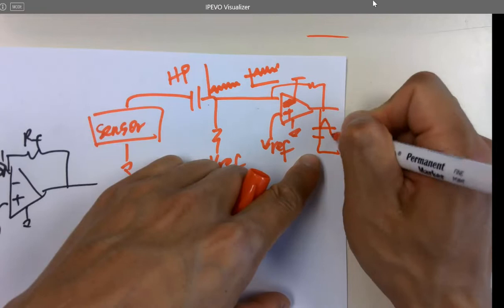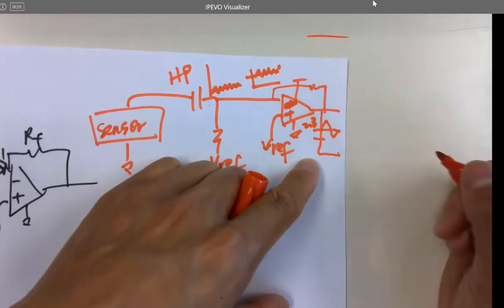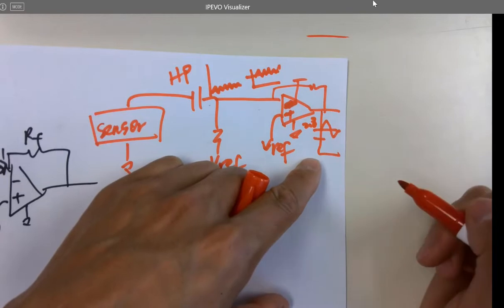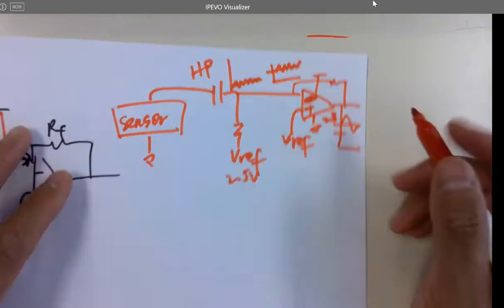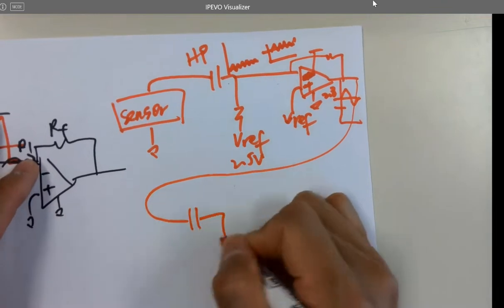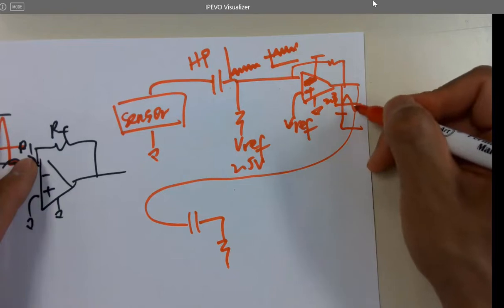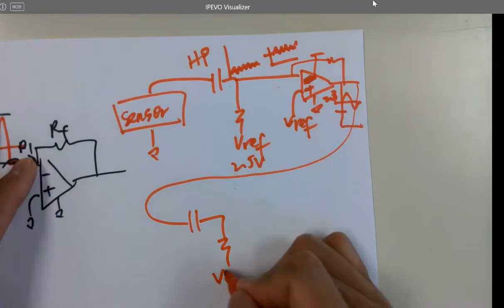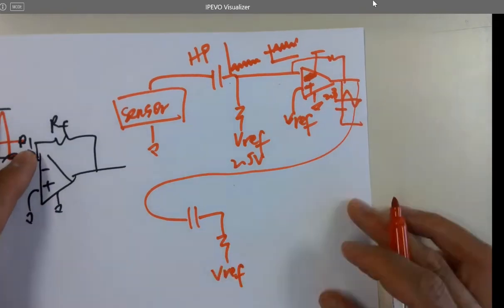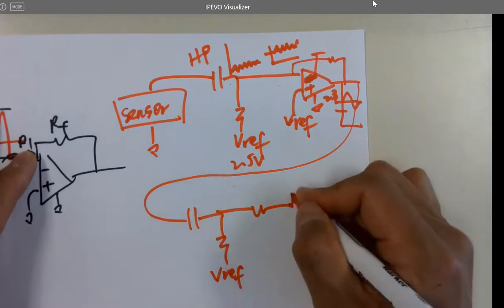It's probably going to swing around 2.8 or something because of the noises, right? And you want to amplify this guy further. So if you have a second stage of amplification, you're going to do high pass filter again, remove whatever DC offset being generated over here, remove it, and then force it to be VRF, and then just do it again.